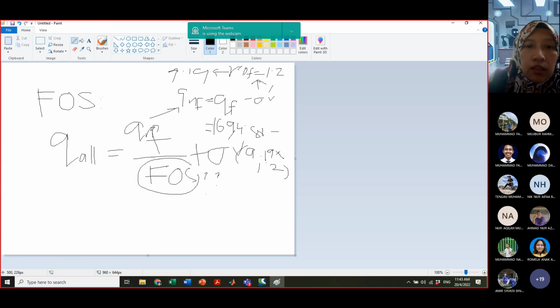So maknanya kita tak ada masalah lah nak calculate yang first atas ni, Q net. Yang kita nak dapatkan adalah FOS. Overburden pressure pun kita boleh kira. What is our problem next? Our problem next adalah Q allowable.